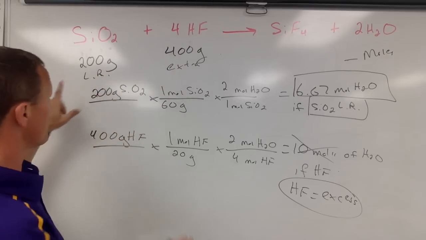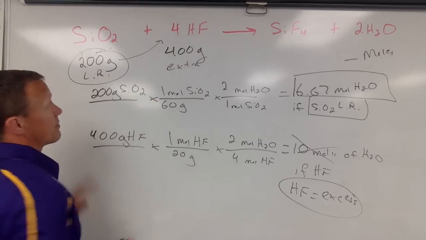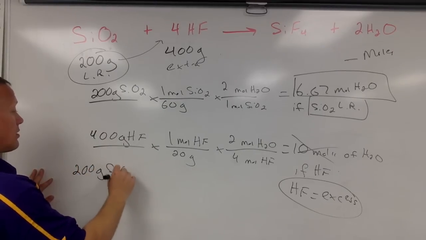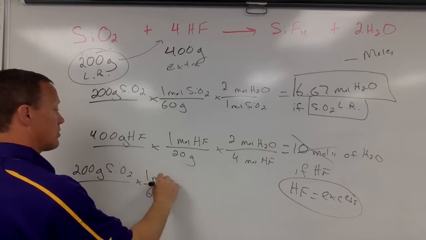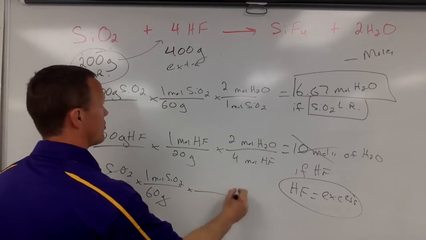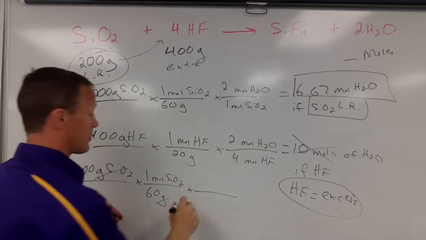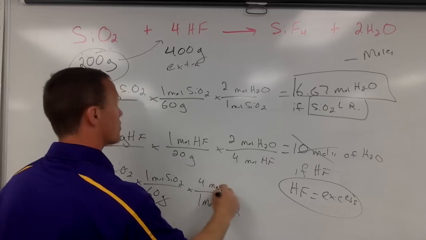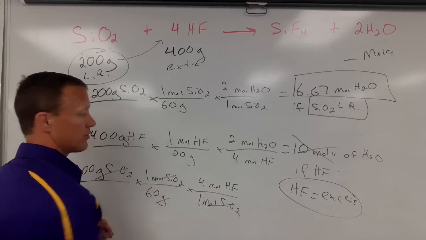So whenever I do this, start your stoichiometry always with your limiting reactant. I'm going to go to grams of that, now tell me how much is used. So I'm going to say I got 200 grams of SiO2, 60 grams is a mole. So my grams and grams cancel. Do my ratio. For every 1 mole of SiO2, there's 4 moles of HF, and moles cancel.